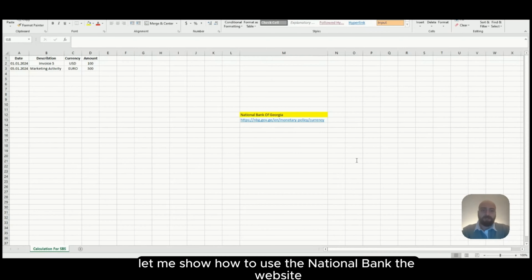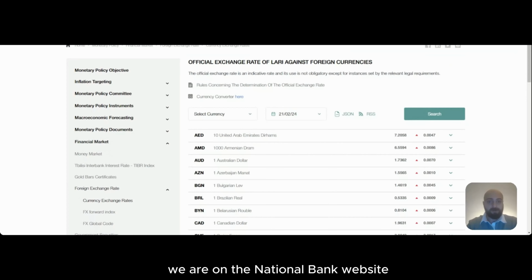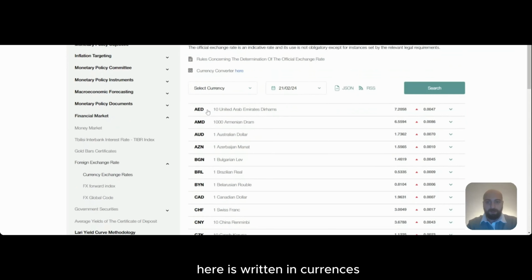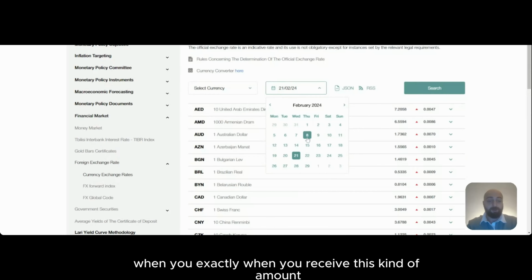First of all, let me show how to use the National Bank website. Here we are on the National Bank website. Here is written currencies, and here is the currency exchange rate into the Georgian lari, and here is the date, exactly the date you are interested in. You can easily choose when you received the amount.